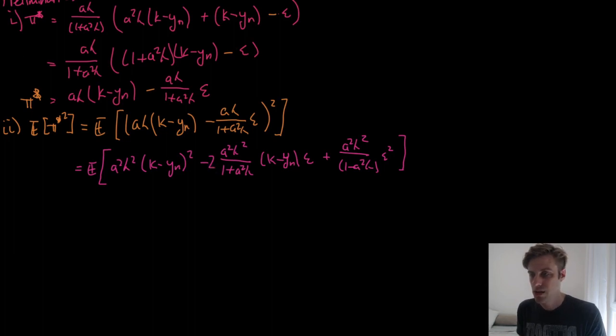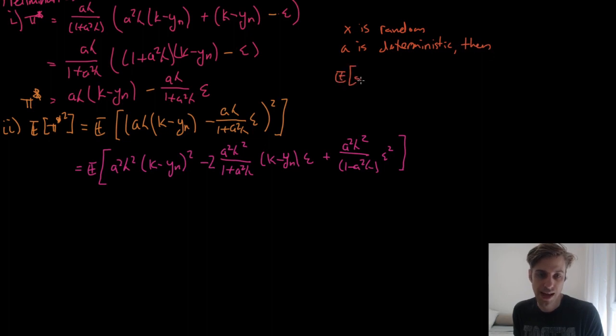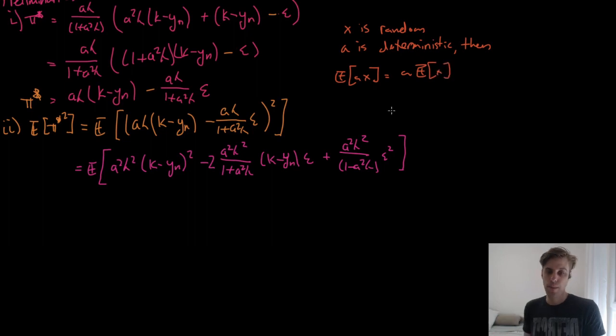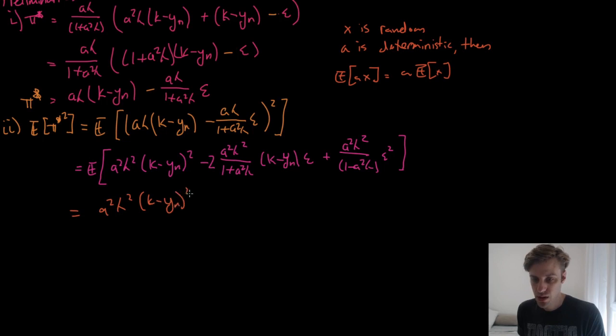What I mean is that if x is random and a is deterministic, then the expected value of ax equals a times the expected value of x. You can factor out deterministic multiples from an expected value. So this is deterministic. We're just going to get itself back: a squared lambda squared k minus yn squared.